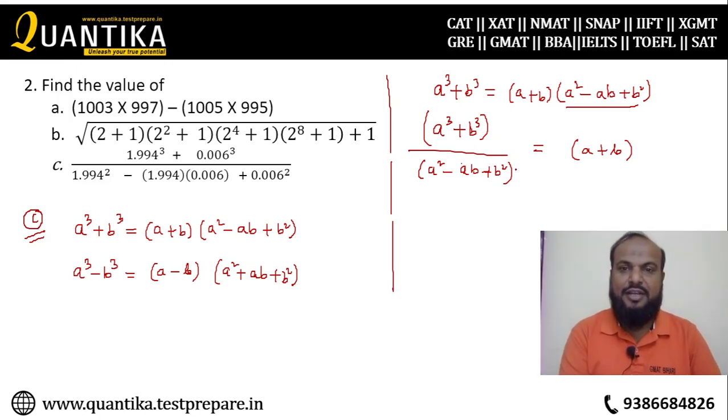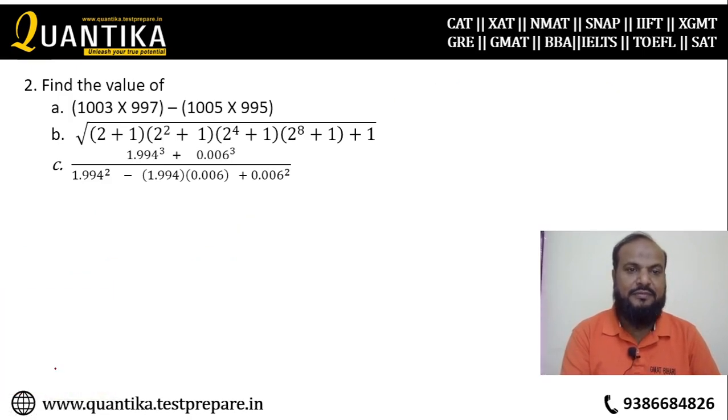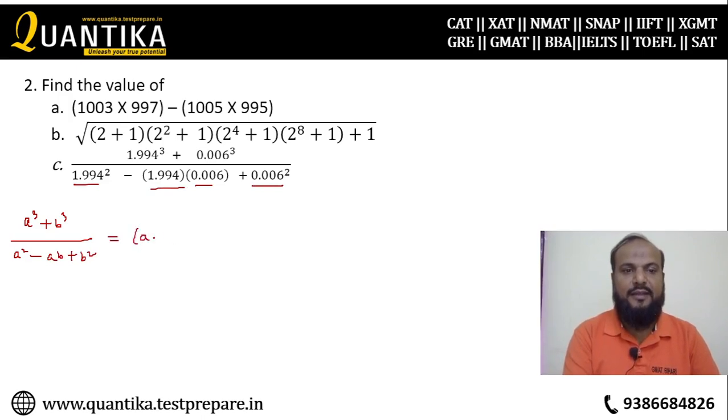Now this formula is applicable, and as you can see in the third question, A cube plus B cube by A square minus AB plus B square must be equal to A plus B. So A is equal to 1.994 and B is equal to 0.006.